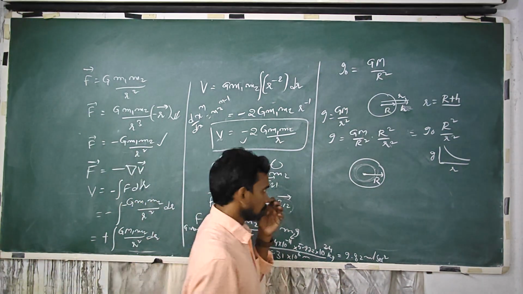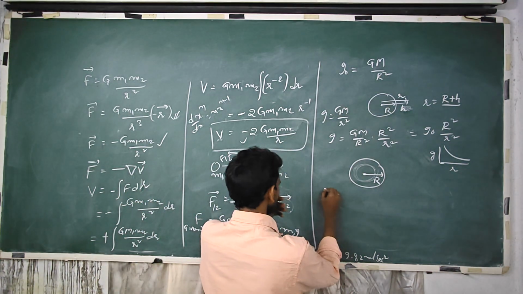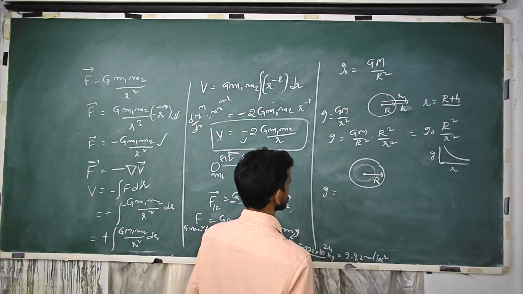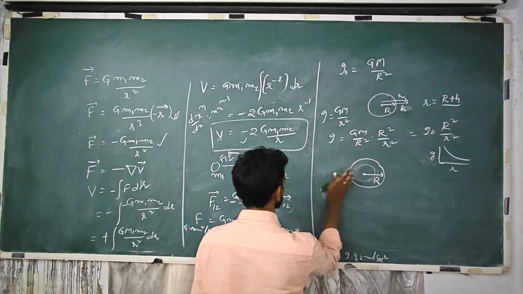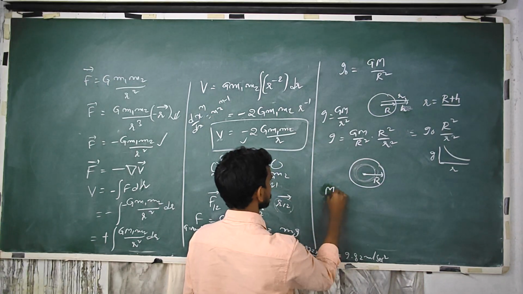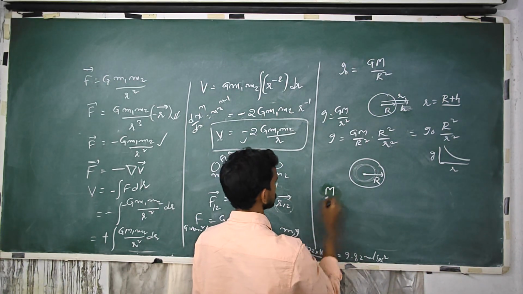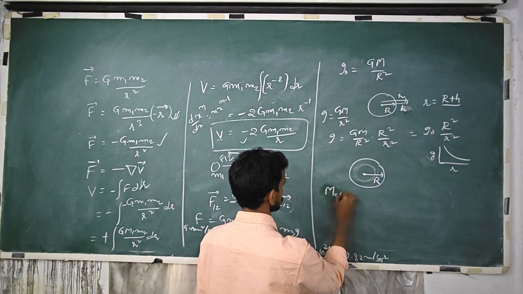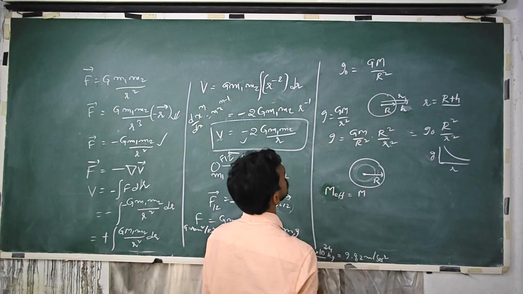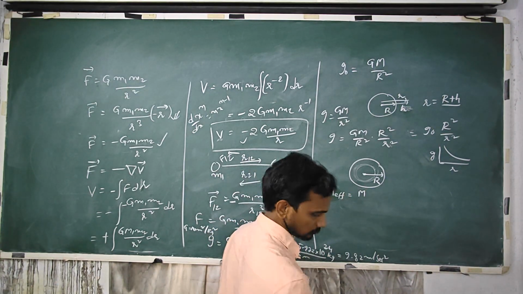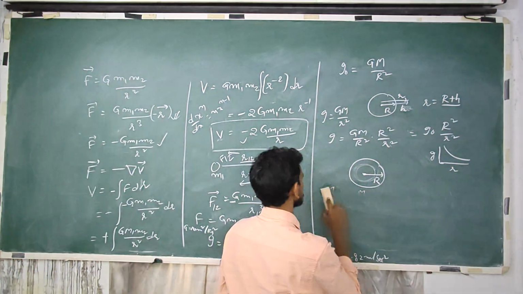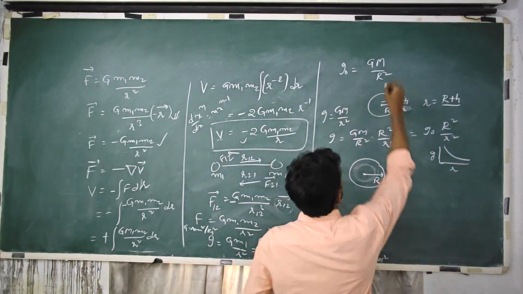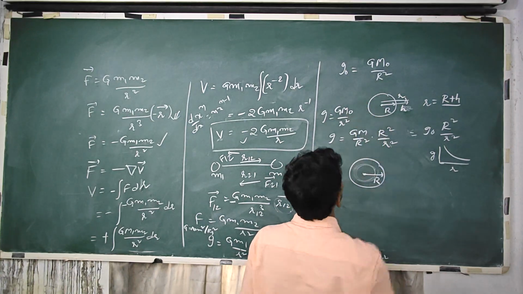So how to get that? What is the effective mass? M is the variable here. I call the original mass M naught.